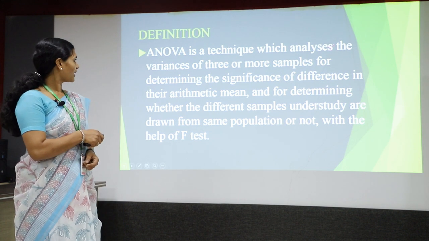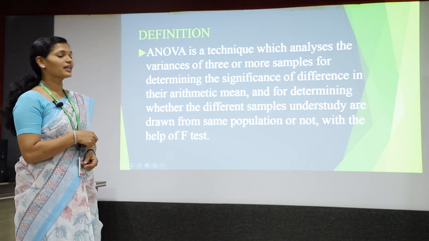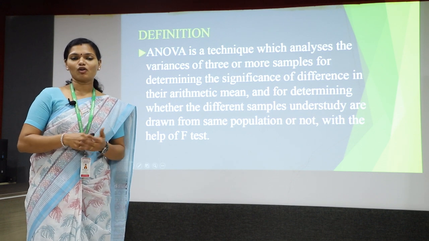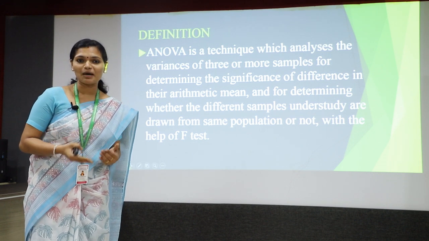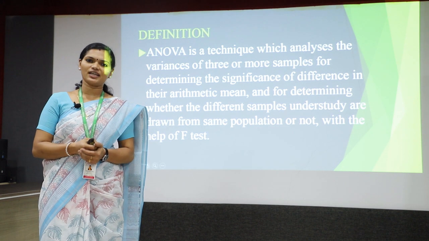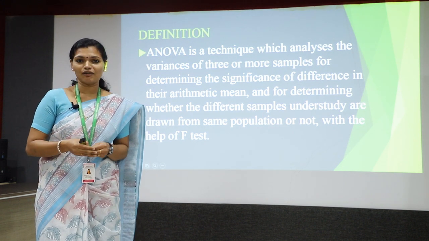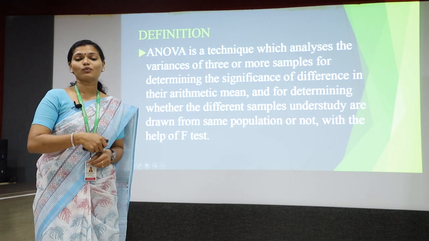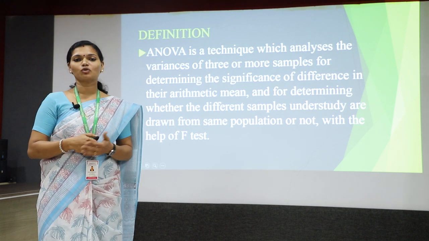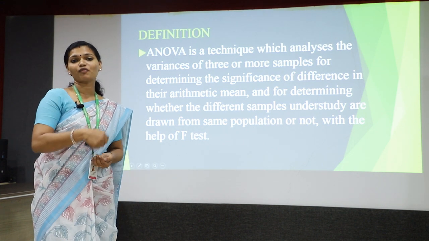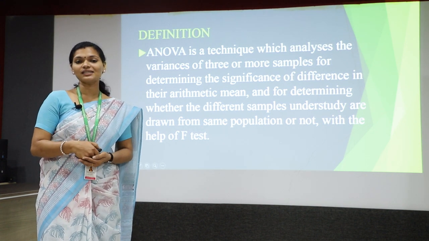Here, this technique analyzes the variances of the samples in order to find the difference between the sample means. So in this test, that analysis of variance is involved. This is conducted with the help of F-test. You know, it is the variance ratio test. So Anova is conducted with the help of F-test. Here the test statistic is F.